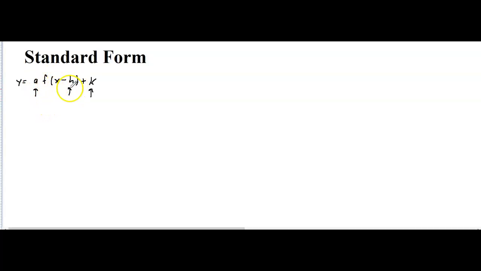And to give you a sense of what it really means, we were looking at the function absolute value of x. Often we're going to see that written like this when we're talking about standard form. And so you could already look and say, oh, what is h and k and what is a? If we're looking at the original function, it looks something like this.